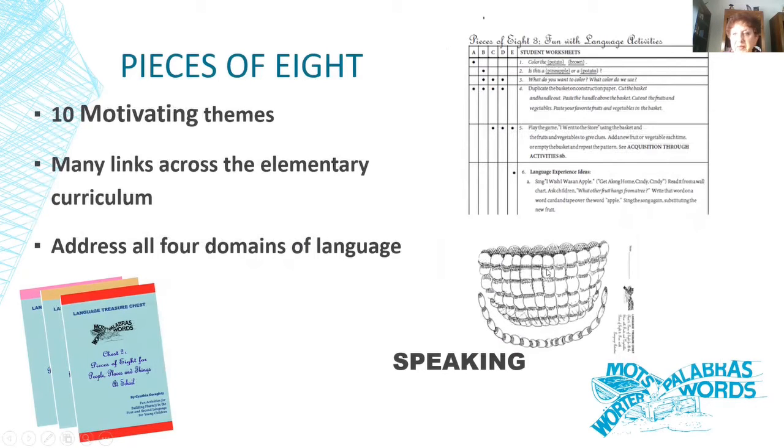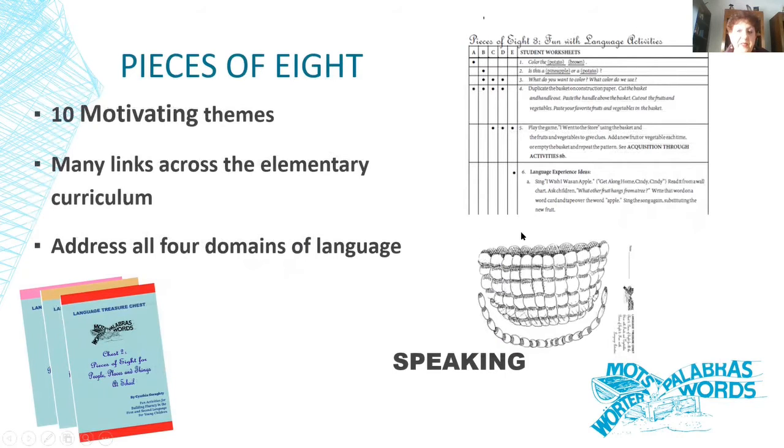Those are always cut and paste kind of activities. And there are directions given here. We're going to use direction number 5, that says play a game: I went to the store. Do you see some units, some themes in your classroom that you could integrate this into? Okay, great, I hope so.